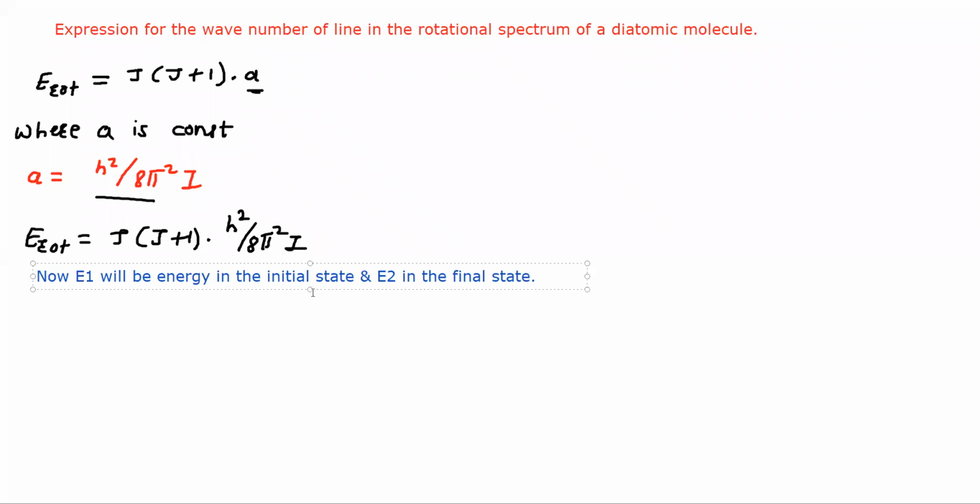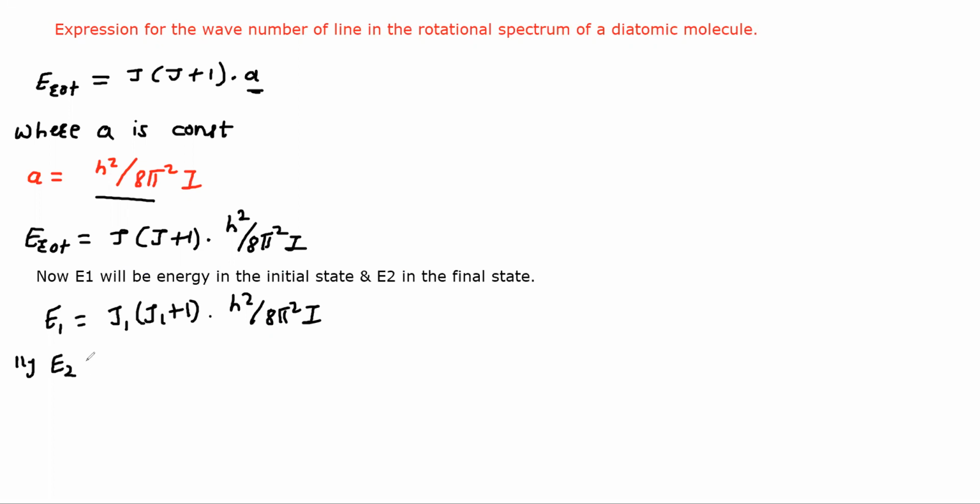Now E1 will be the energy in the initial state and E2 will be the final state. So the equation becomes, let's write down the initial energy, that means E1 is equal to J1 plus 1 times h square upon 8 pi square I. Okay, so this is the constant term.